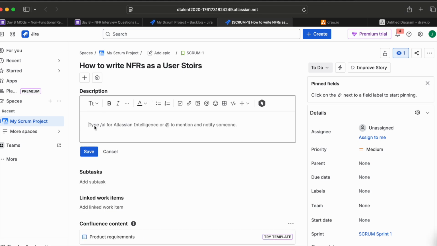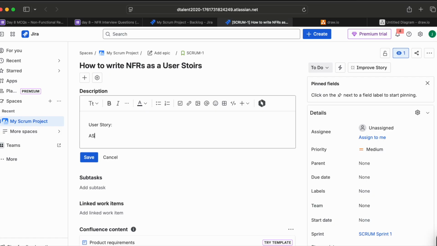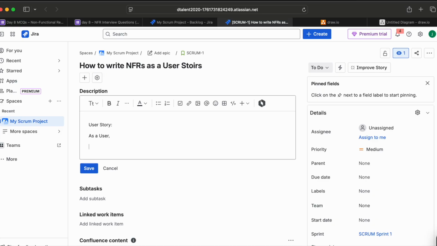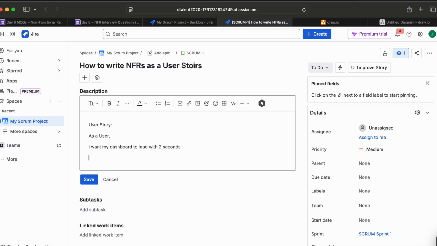Okay. So we can start with as a user. So let me write as a user, I want my dashboard to load, whatever your page, your dashboard, within 2 seconds, so that I can view my loan details quickly.